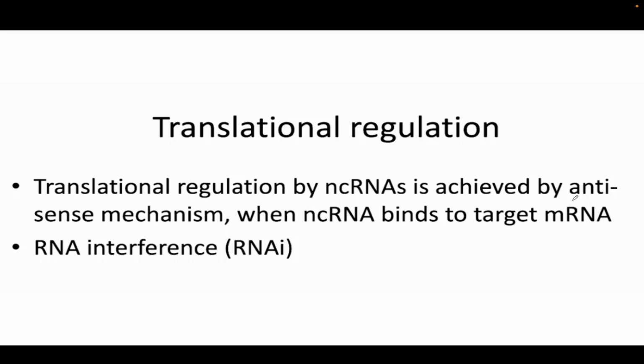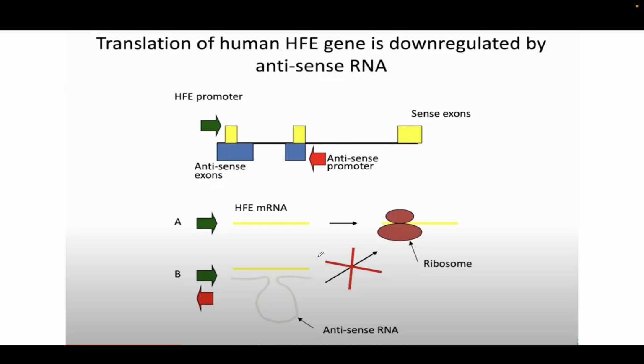What is this antisense mechanism? When non-coding RNA binds to target mRNA. One example is RNA interference or RNAi. Okay, let's talk about it. So here you see this is one example of antisense RNA downregulation. This is the translation of the human HFE gene.